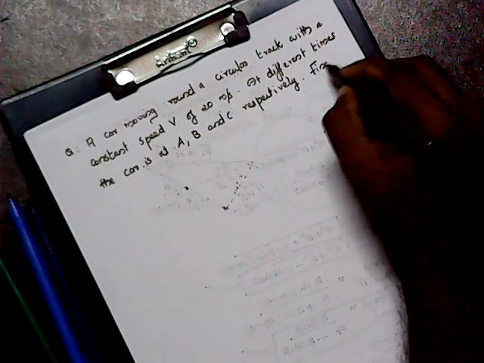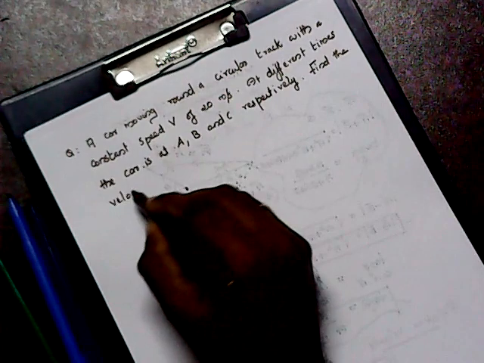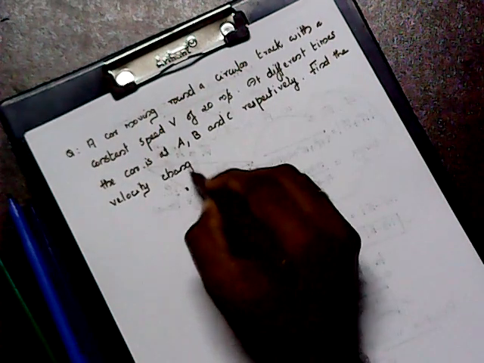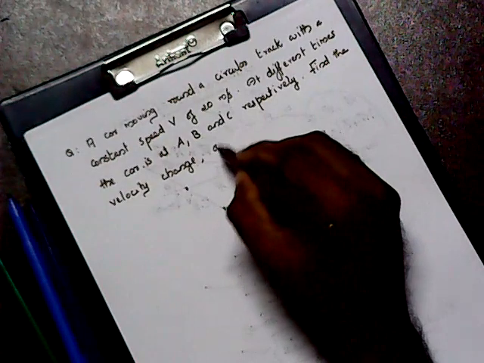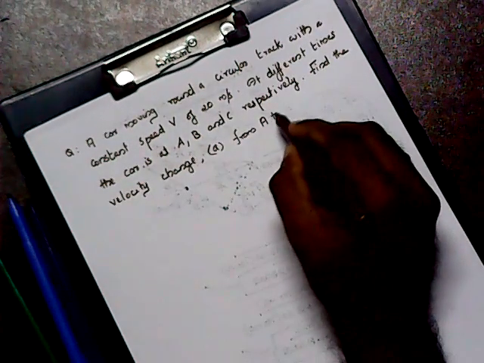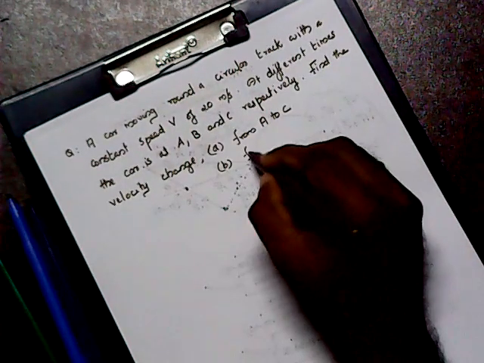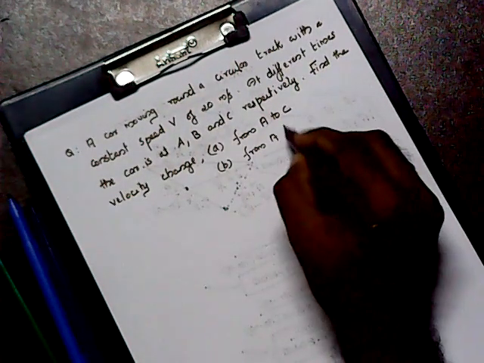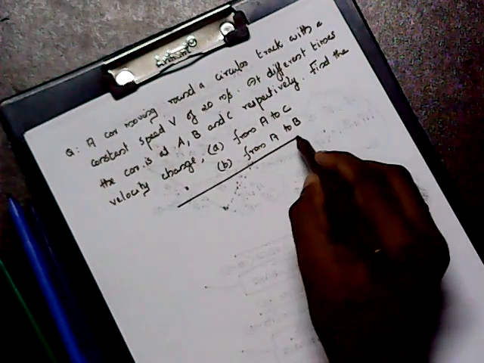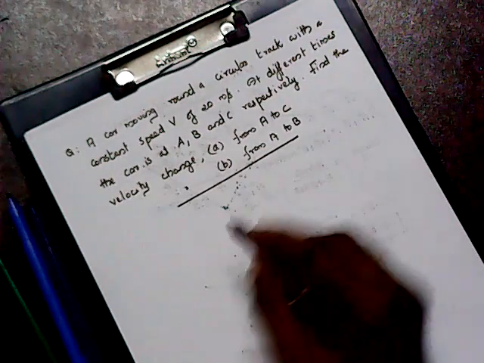Find the velocity change. Find the velocity change, A, from A to C, B, from A to B. So here the figure is given.